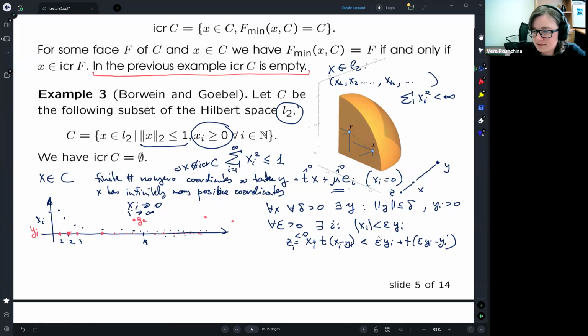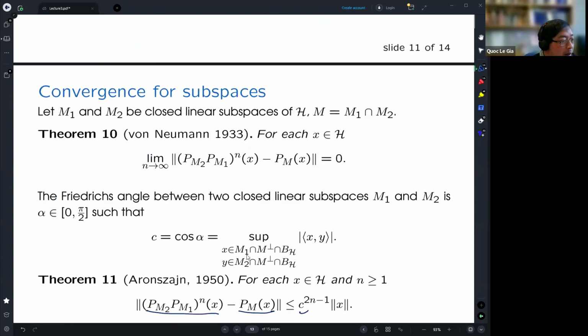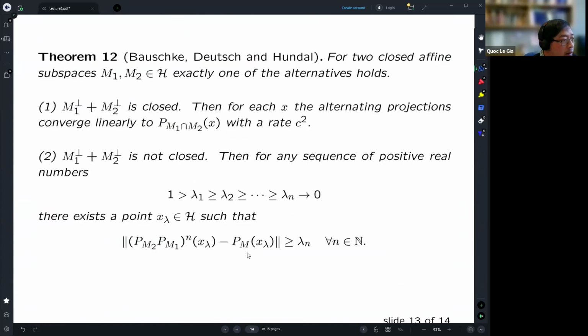Okay, thank you. And another question: when you talk about the projection in the last slide, your projection is the same as the orthogonal projection, yes? Yes. It's an orthogonal projection, but we also think about it as just the closest point, right? It's the same thing in the Hilbert space.